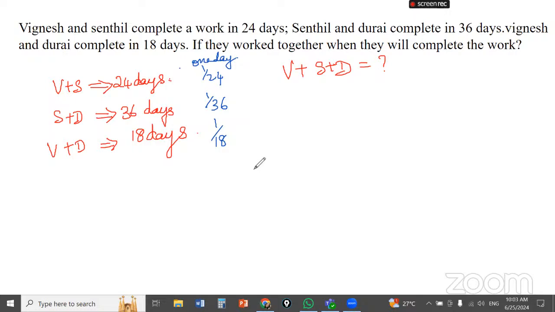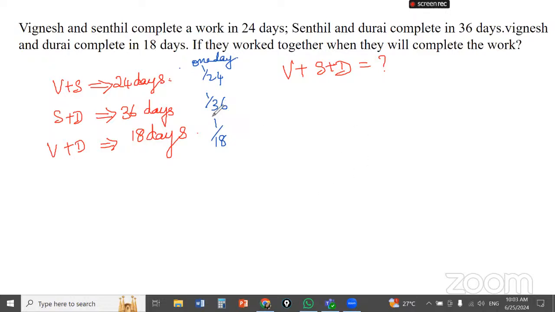No need to find V, S, and D separately. Pranav, it is not 8. A simple mistake you have done. You are almost close to the answer. Rohit's answer is right.